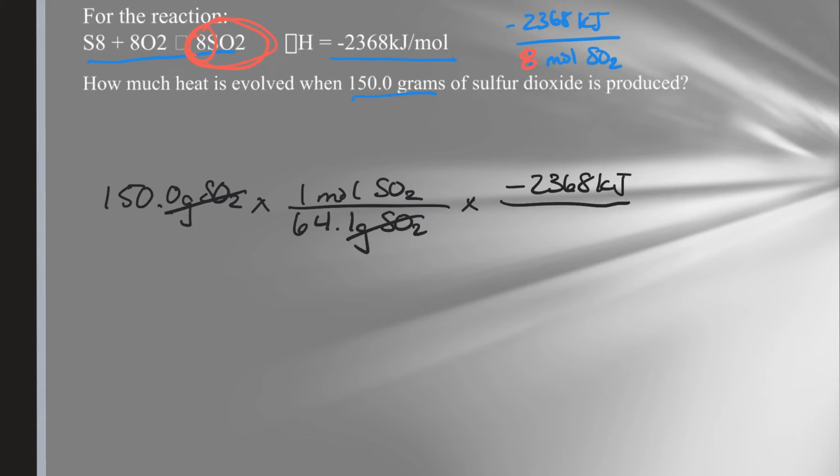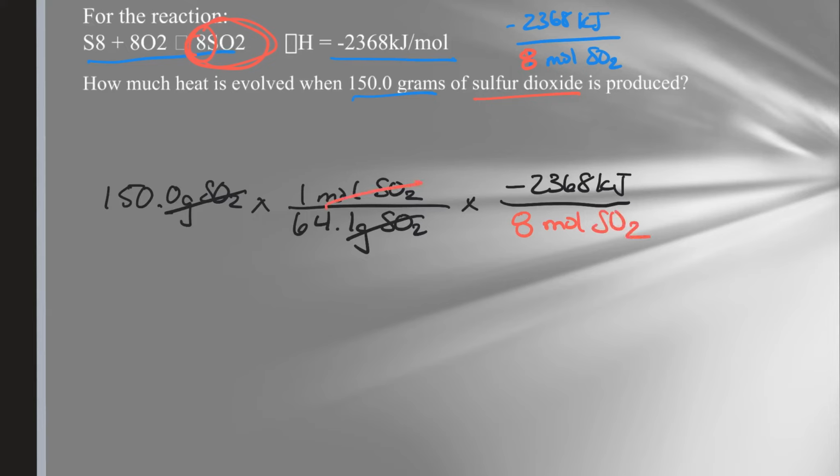So the amount of energy released is because you have 8 moles of SO2, and you have to show that when figuring out how much energy is released when sulfur dioxide is created. So for this much energy to be created, you create 8 moles of SO2.